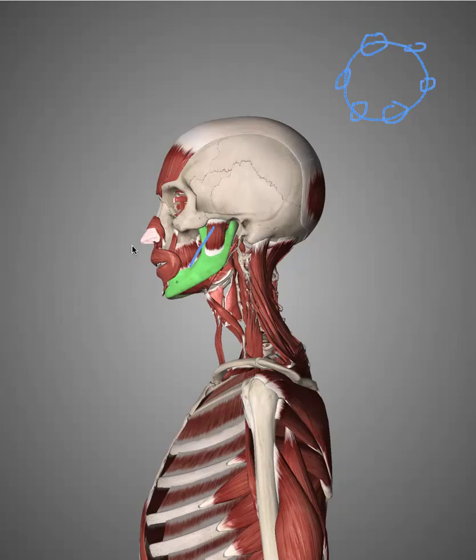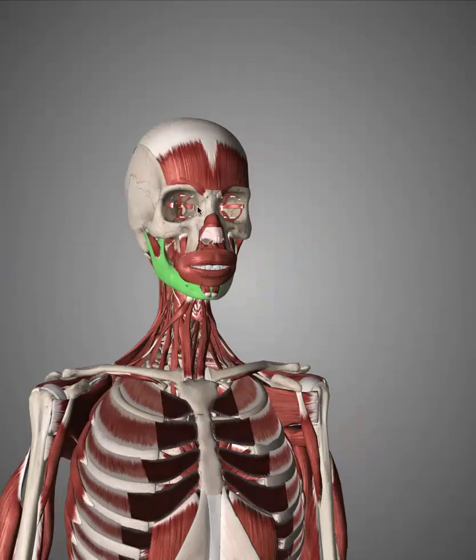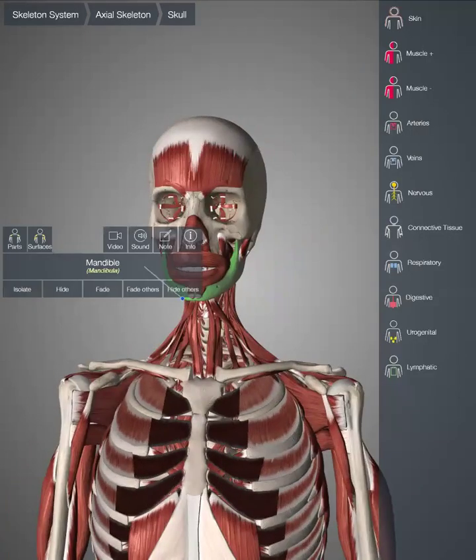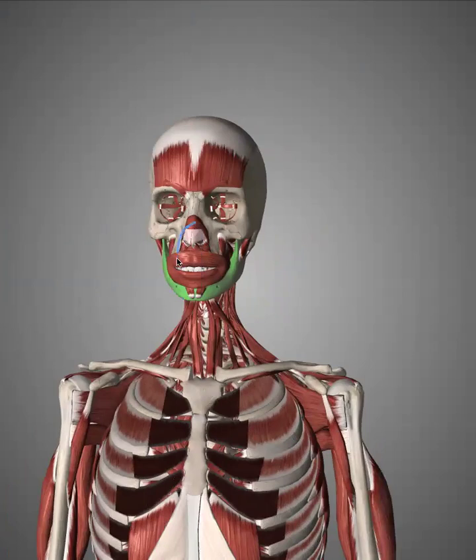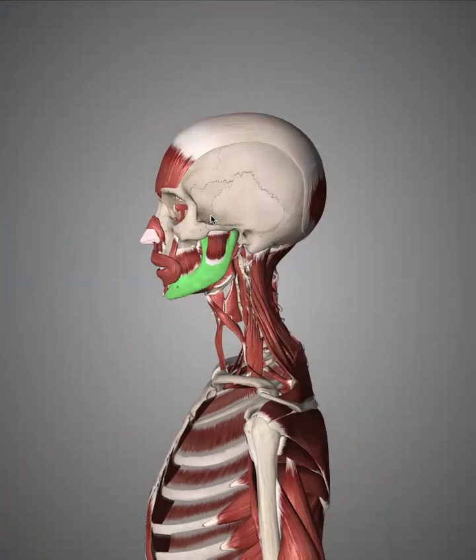So if you look from the front, it's located like that. But when you look from the side, it's slanting this way.